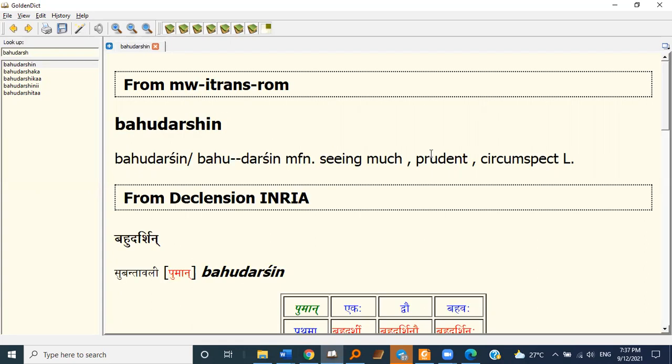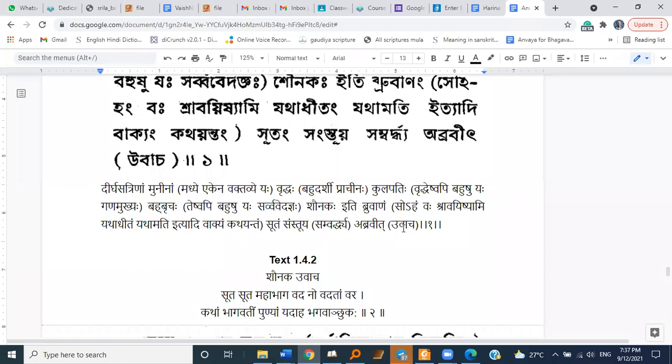Yeah, he was like intelligent amongst all other munis, rishis who were there in Naimisharanya for the sake of Dirgha Satra, for the sake of performance of a sacrifice for a long period of time. And he was the spokesperson amongst all those munis, Vaktavya.